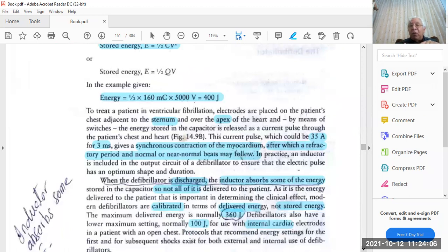Of course, not all this energy is subjected to the heart. Part of it is stored in the inductor. This is why we have an inductor. The current released is square-like, around 35 ampere.